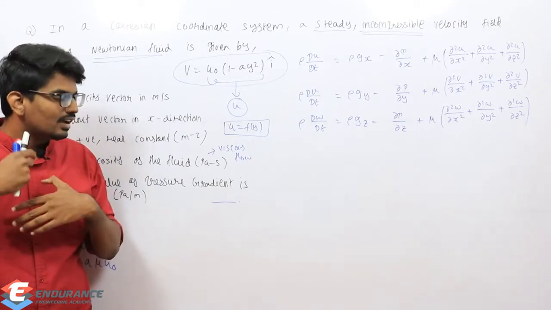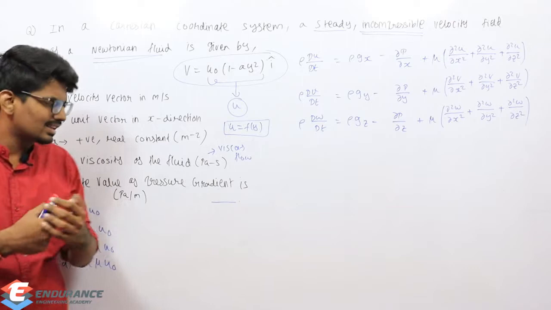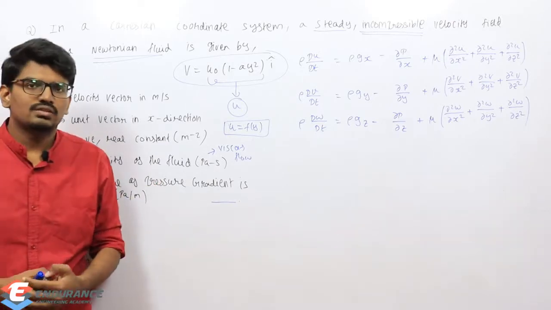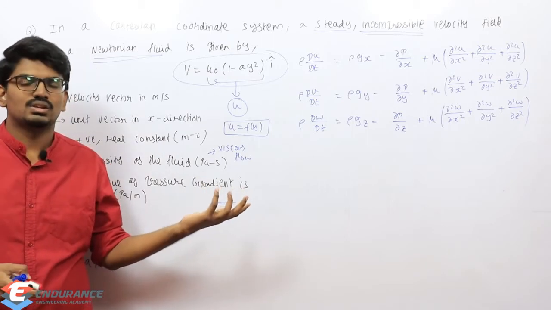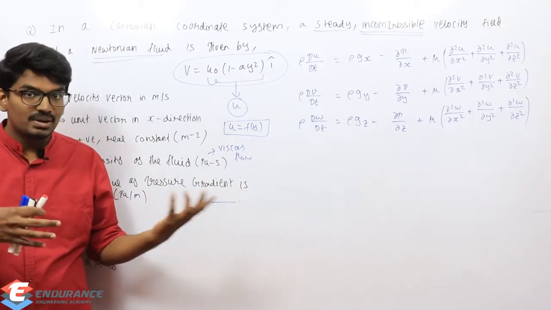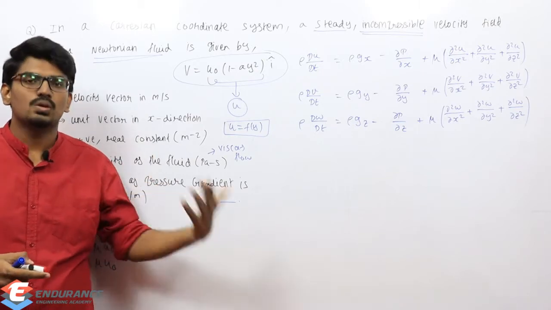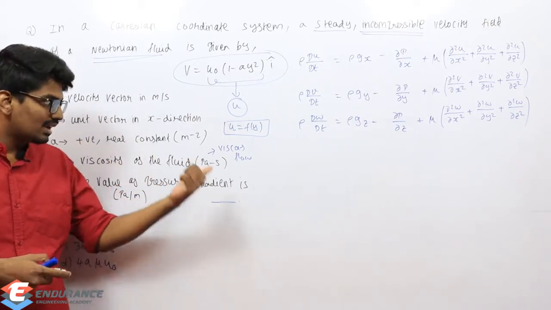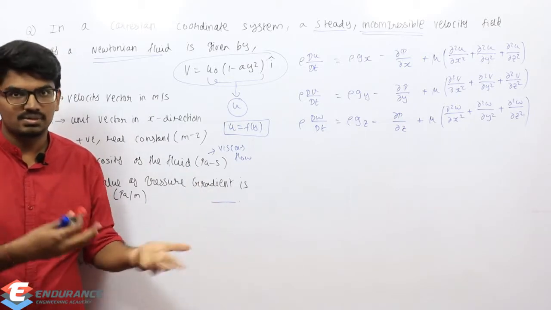Since it is a viscous flow, we cannot use Euler's equation. They are asking pressure gradient, and your mind might think about Euler's equation, but we already know that for GATE XC, the Navier Stokes equation is also in the syllabus, and they mentioned viscosity of the fluid, which means the flow is going to be viscous.